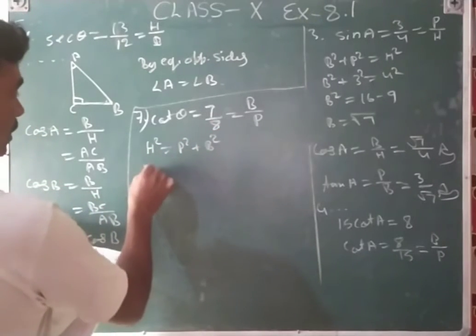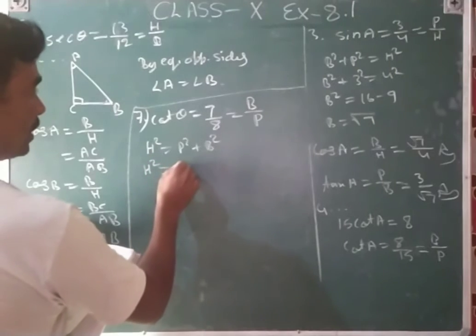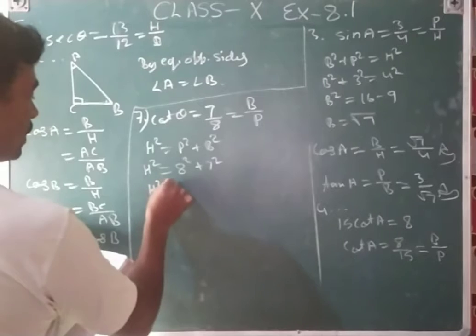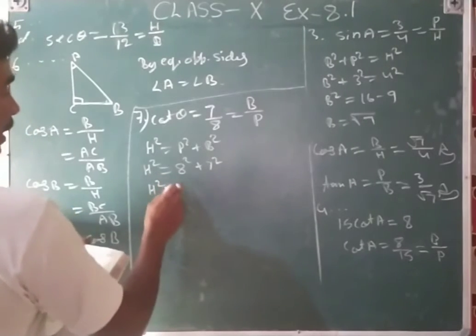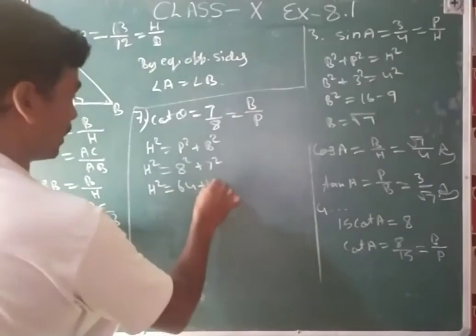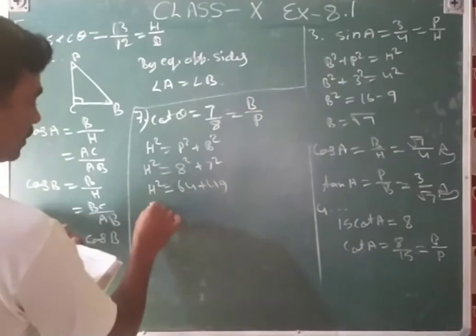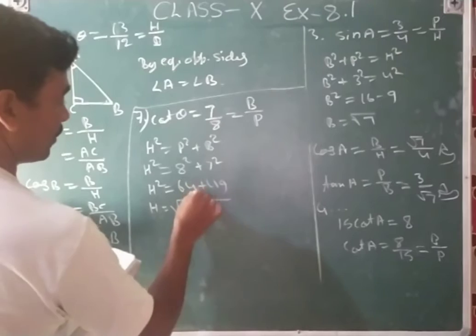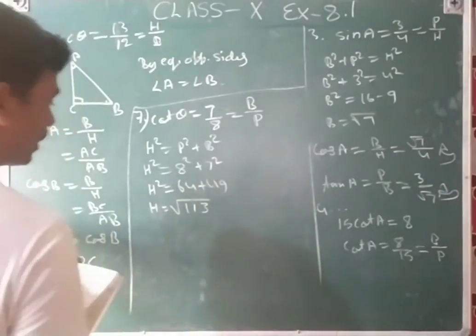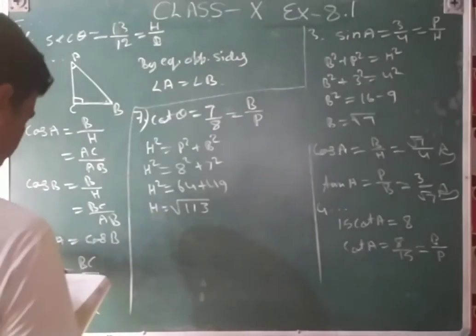H is not given there. P is 8, so 8 square plus 7 square. H square is equal to 8 8s are 64 plus 7 7s are 49. Then adding, that will be 113. H we have found.